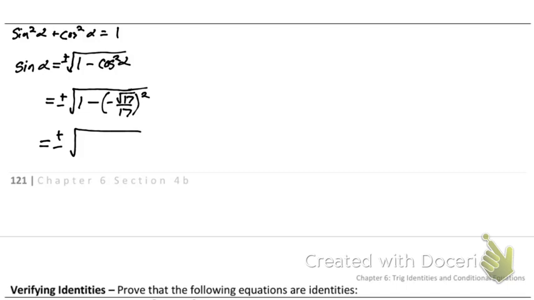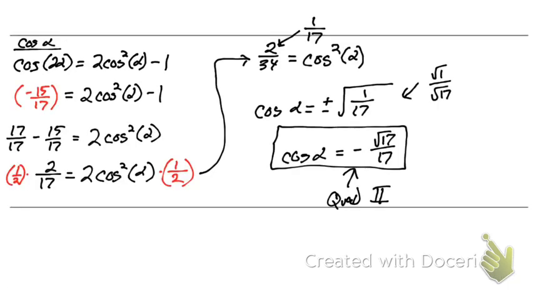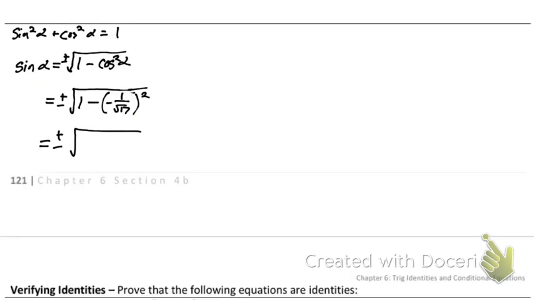I retract my statement. That's going to get really complicated. I'm going to replace this one. I am going to use the version where it's negative 1 over square root of 17. There's no reason to do it hard just because you can. So just remember I got that from here. I just didn't simplify it. Our cosine alpha equals negative 1 over square root of 17, unsimplified. So that's what I'm going to put in that box.